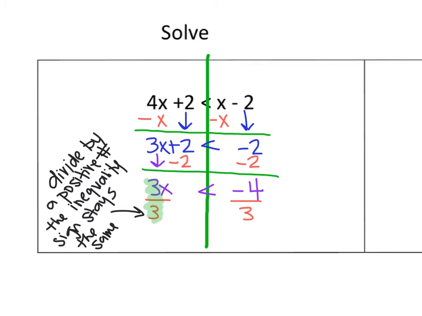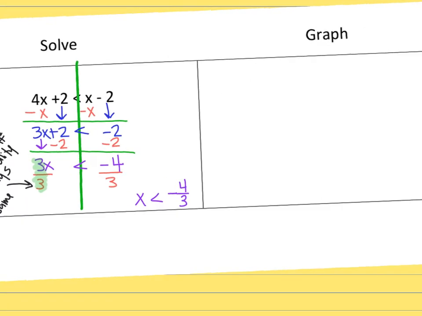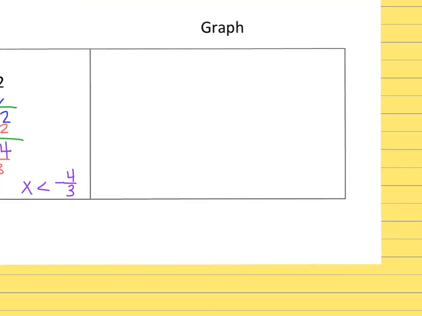Now I can say that my answer is going to be x. Since I divided by a positive 3, this symbol does not flip, it stays the same. So I would write is less than negative 4/3. Okay, now I'm ready to show that on a graph.